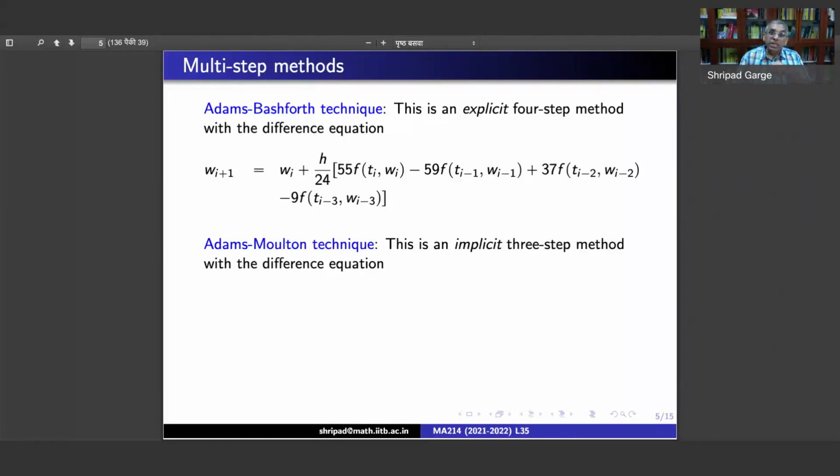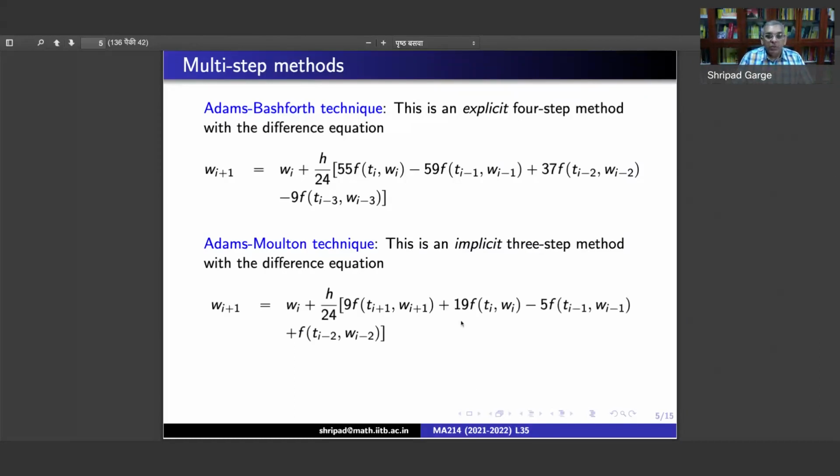So it's an implicit method. Therefore, when you have w_{i+1}, its value is given again in terms of w_{i+1}, but it's a 3-step method. So you will have i minus 1 and i minus 2, only 3. It will not contain i minus 3.